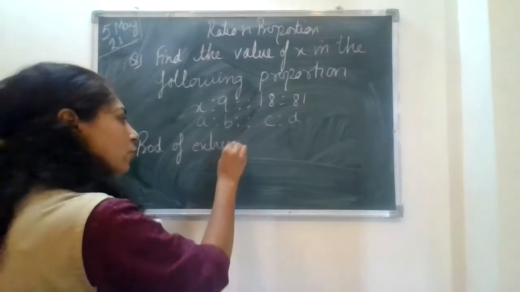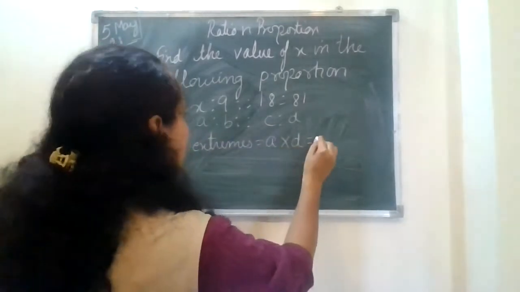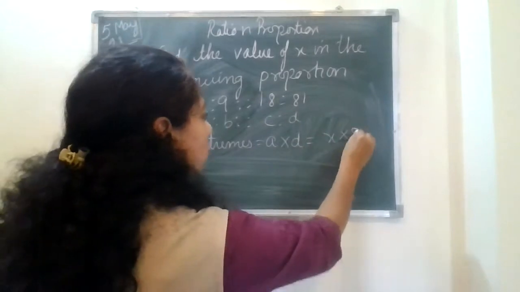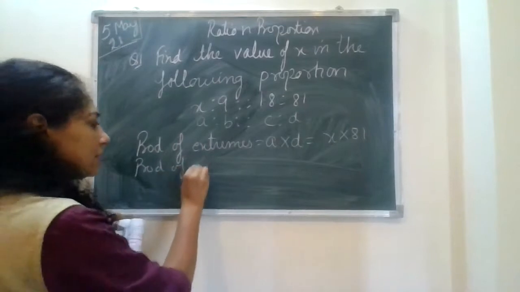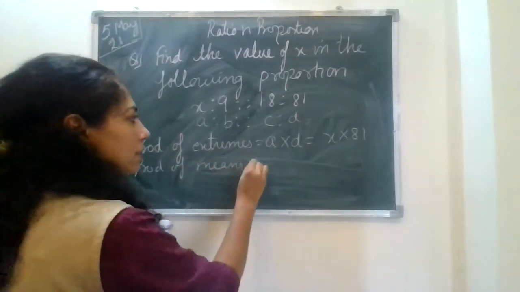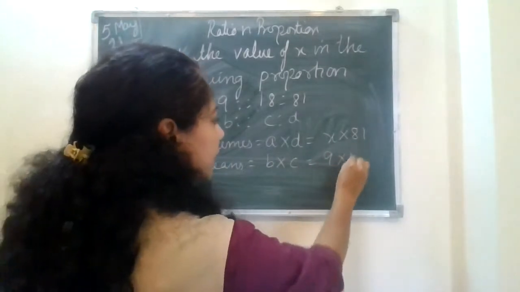That means your outer values, which is A into D, is equal to x into 81. Fine. And product of means is equal to B into C, that is 9 into 18.